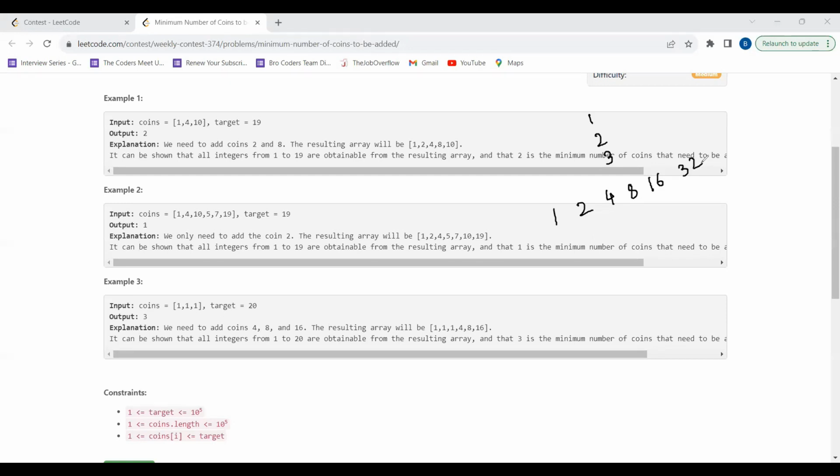Okay, leave that question. What all numbers can we form? Can we form the sum 20? Can we form a subsequence whose sum is equal to 20? Yes. Can we form a subsequence whose sum is equal to 21? Yes. Can we form a subsequence whose sum is equal to 33?